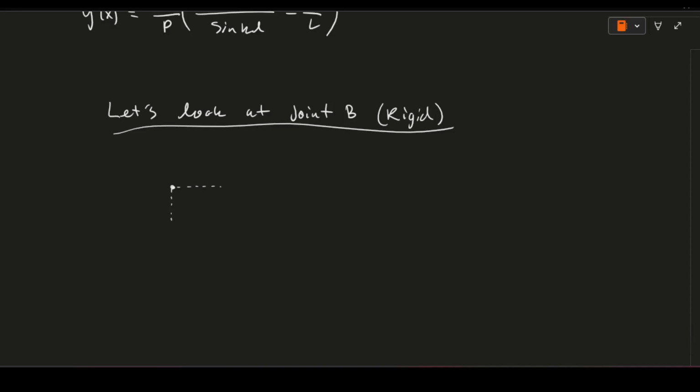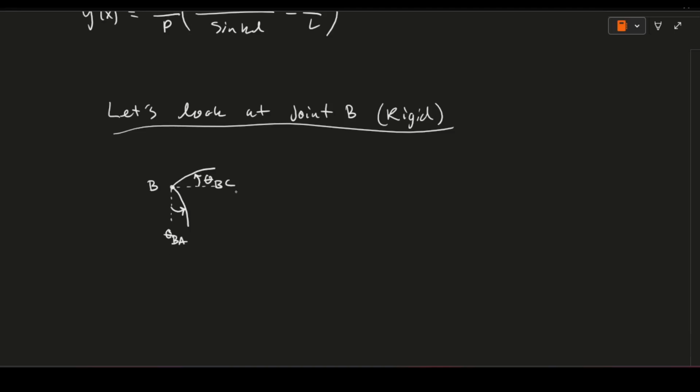So we know that the column will buckle like this, and the beam will deflect like this. So you can see that we have a slope here, or an angle, let's call that theta BC, and we have an angle here, let's call that theta BA.